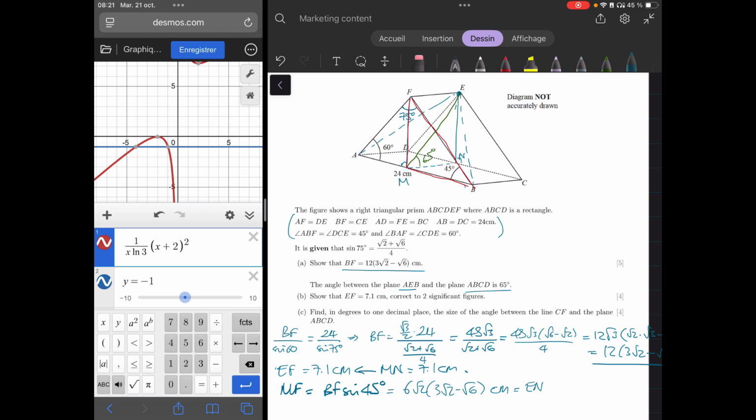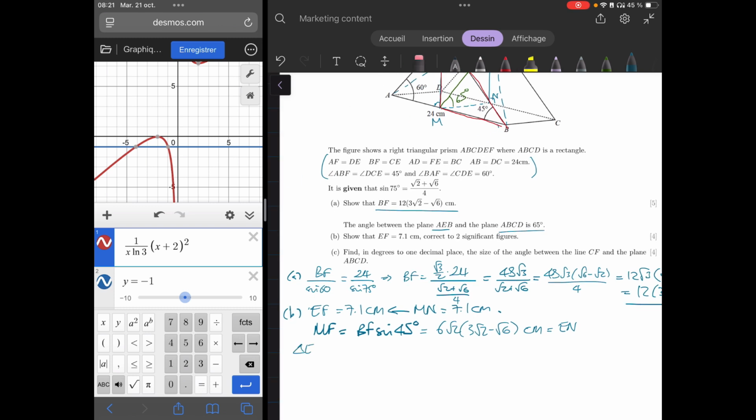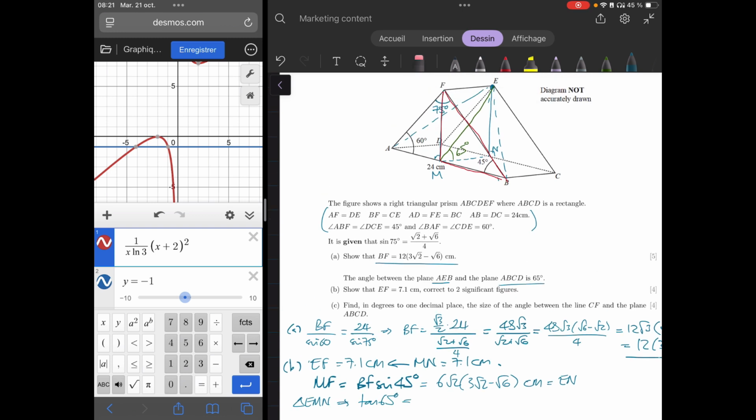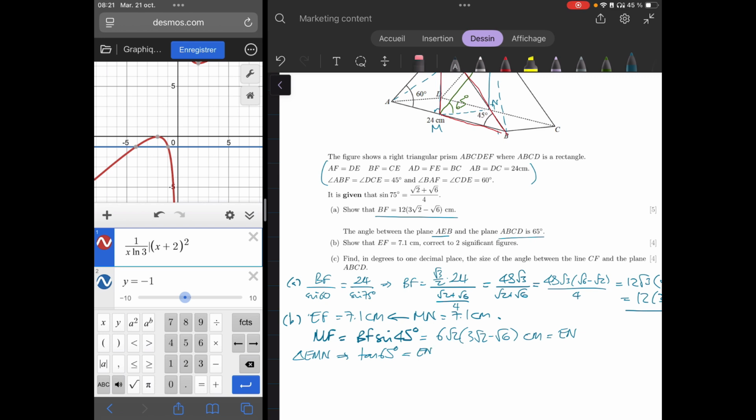So consider the right angle triangle EMN. Tan of 65 is equal to EN divided by MN. Therefore, MN is equal to EN divided by tan 65.